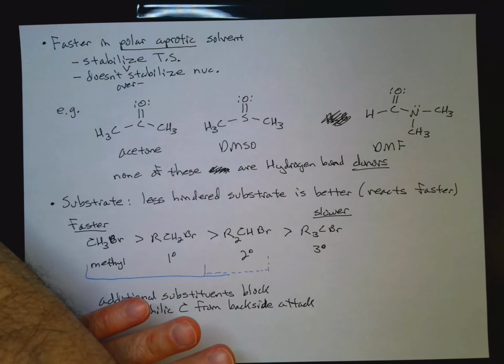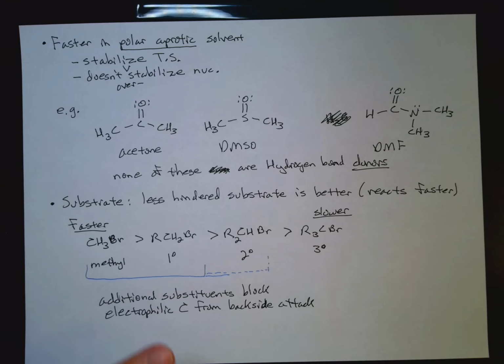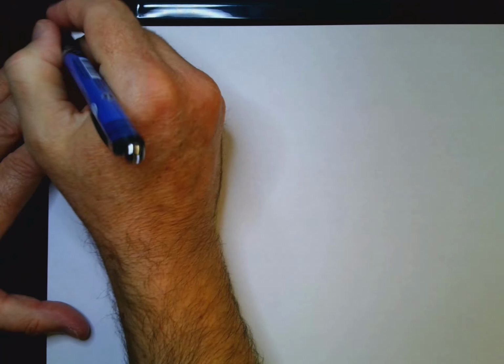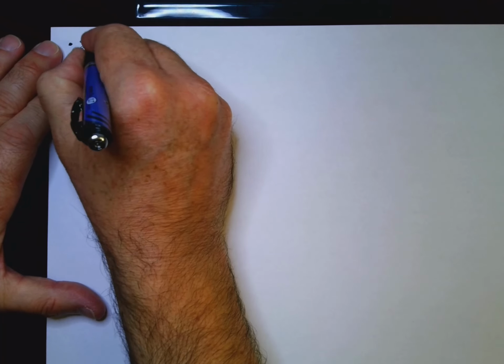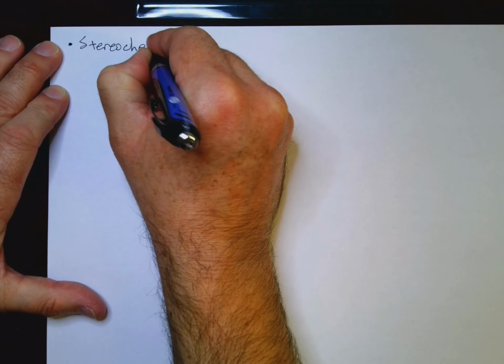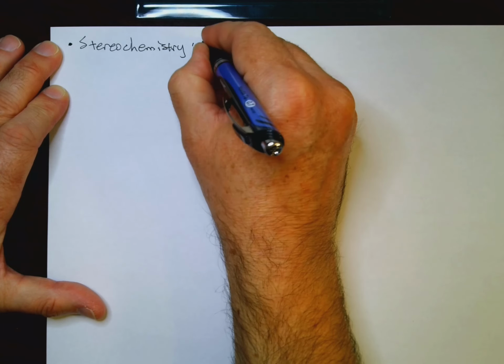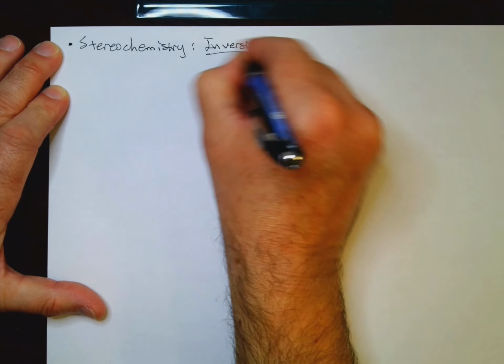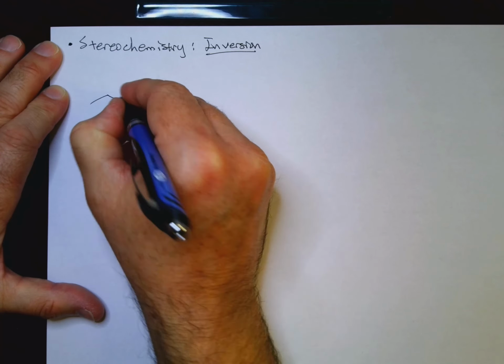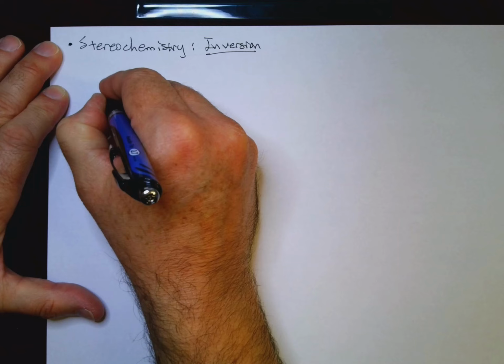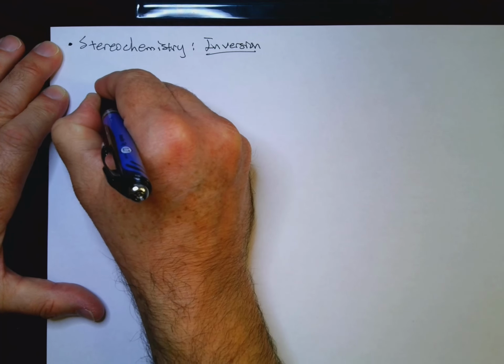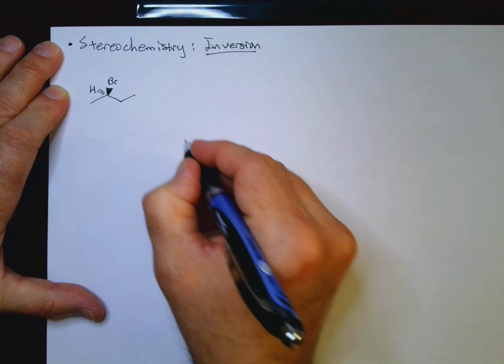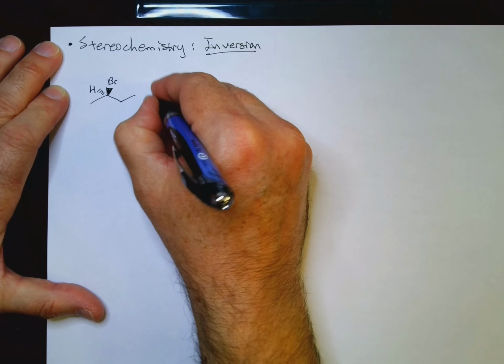All right, let's see how we're doing on time here. I do want to mention, and I mentioned this before, the inversion that happens, and I'll draw an example out. So let's say we had the following, and I made the model last time to show you guys, and we'll go ahead and treat this with NaCN.